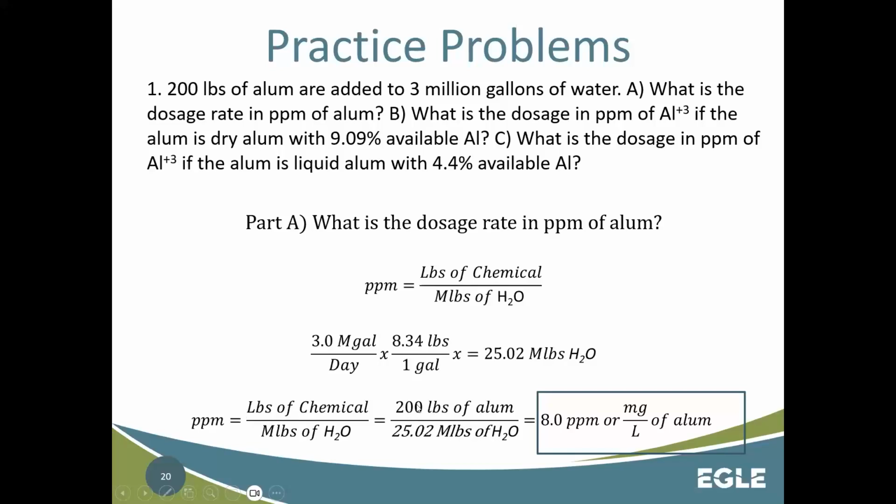So 200 pounds of alum divided by 25.02 million pounds of H2O gives an answer of 8 ppm, or milligrams per liter of alum. It can be a little confusing, but a ppm is the same as a milligram per liter. That can make it trickier to follow your units, but keep it in mind, because sometimes you'll see them presented in ppm and sometimes in milligrams per liter.